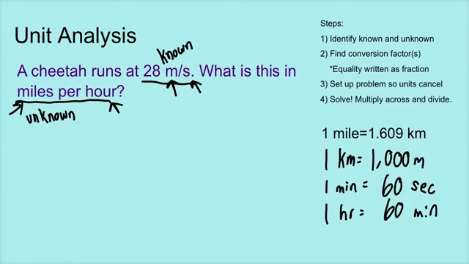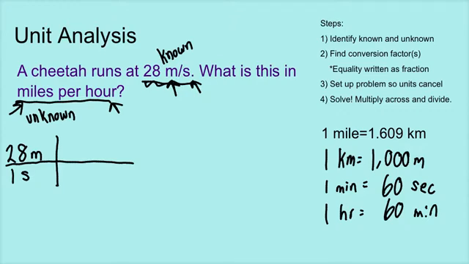This is not an easy problem, but I want to show you how the same techniques that we did in the other problems can be translated to this one. So I'm going to start with my known, which is 28 meters in 1 second. Okay, so 28 meters in 1 second, that is just this known right here.